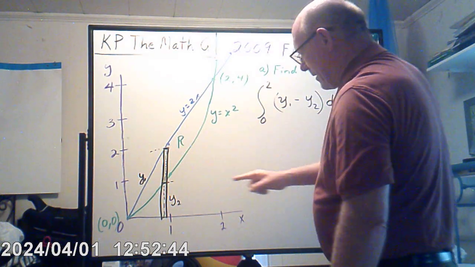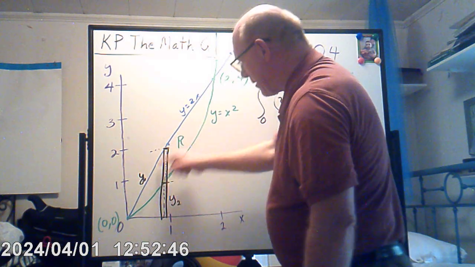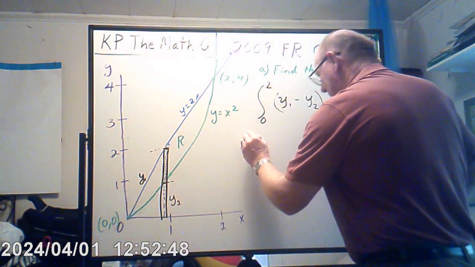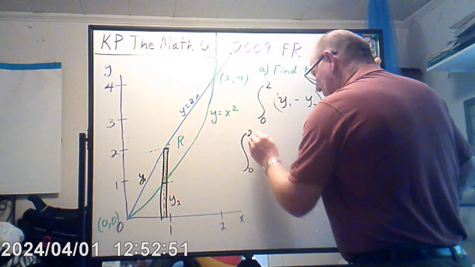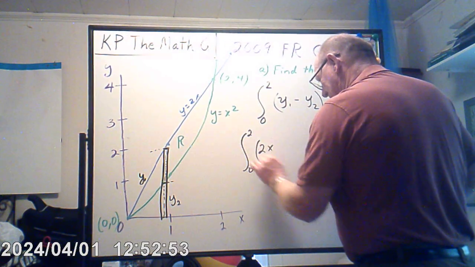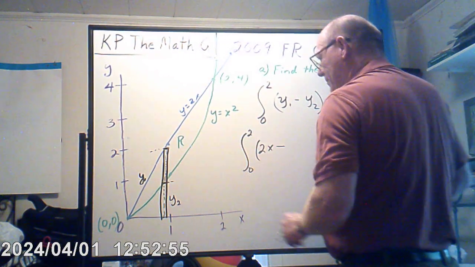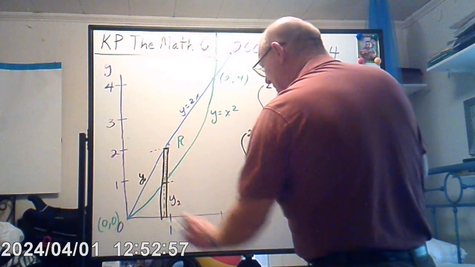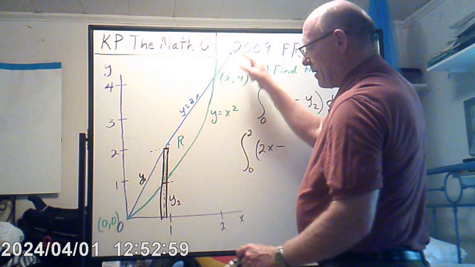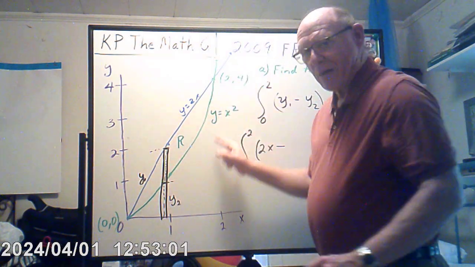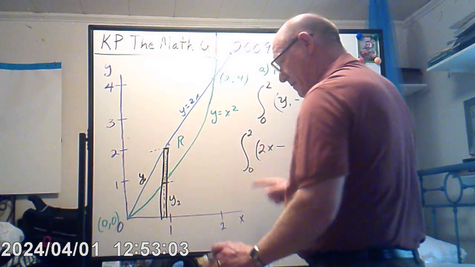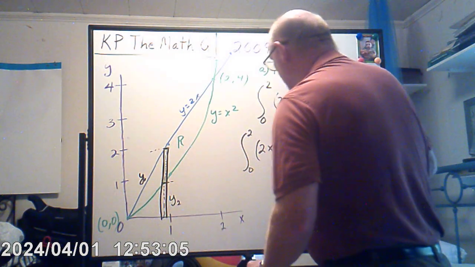Now the height y1 goes to the blue line, which happens to be 2x, so 0 to 2x, minus, and we're taking this part off now. It's always the higher one, the one above, minus the one below, if you don't learn anything else about this.